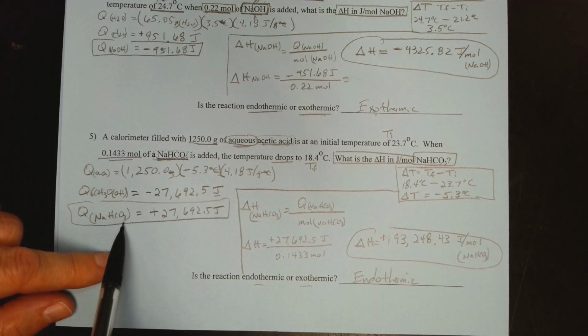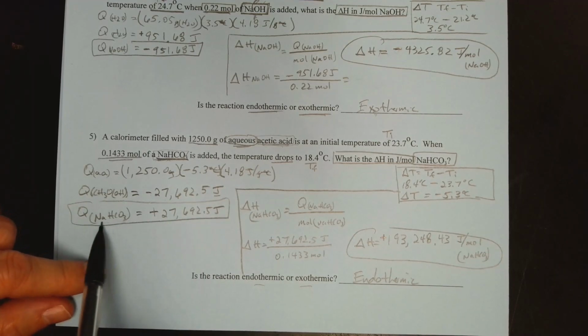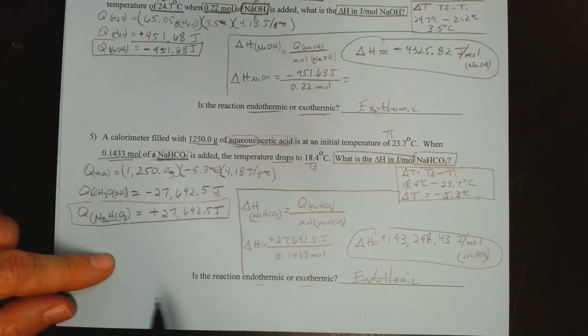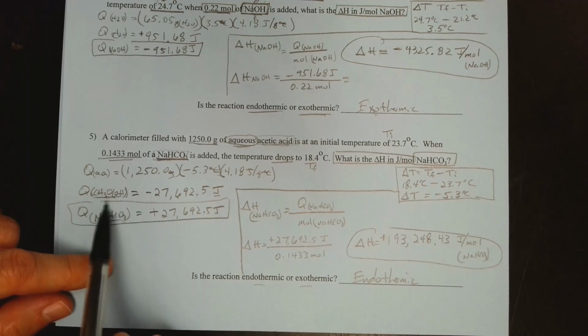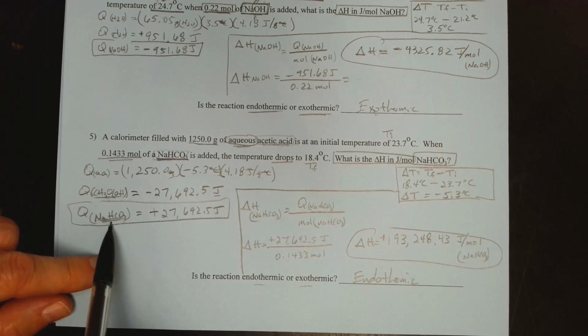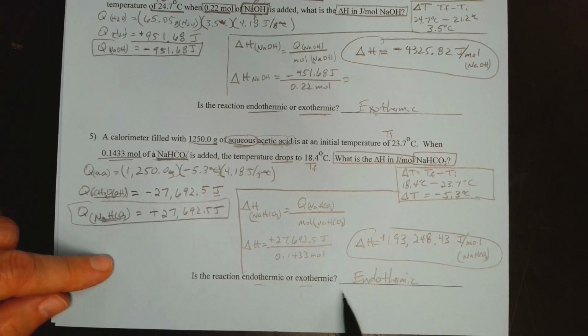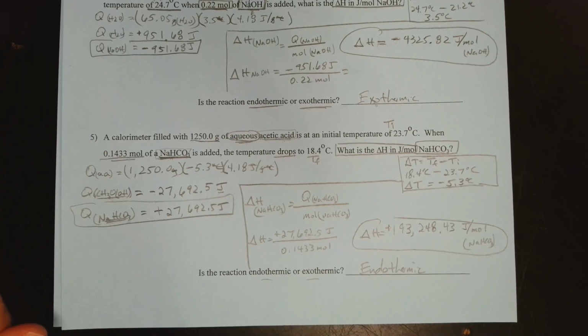This is gaining energy, so the overall energy change in this is endothermic. The overall energy process for the acetic acid is actually exothermic because it's losing energy. But again, we're talking specifically about this substance. So for this substance, the overall change means it's an endothermic process. Whew, lots going on here.